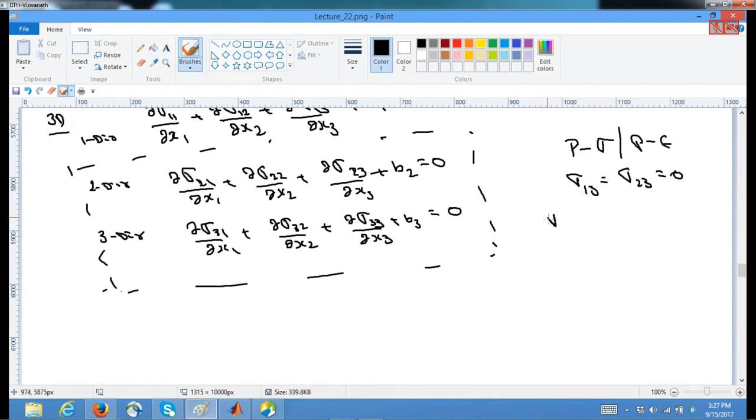Further, all our sigmas are not functions of x1, x2, x3, but only functions of x1 and x2. That means there is no variation in x3, so these terms vanish.